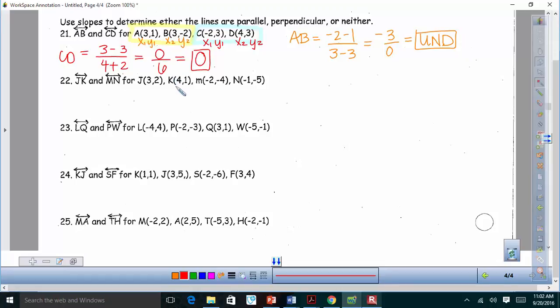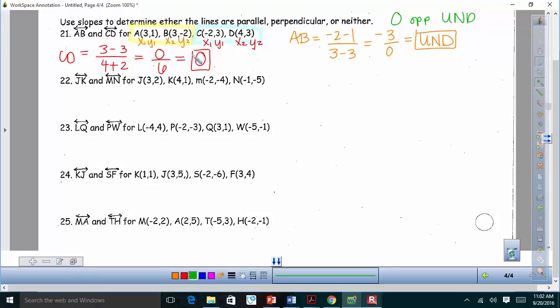Okay, is it parallel? No, because 0 and undefined aren't the same. Okay, I heard neither. They are perpendicular. Okay, what you need to know is that 0 is the opposite of undefined.